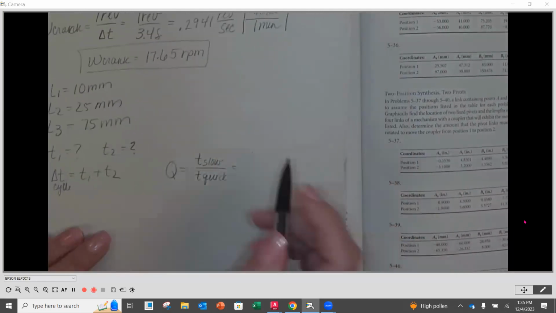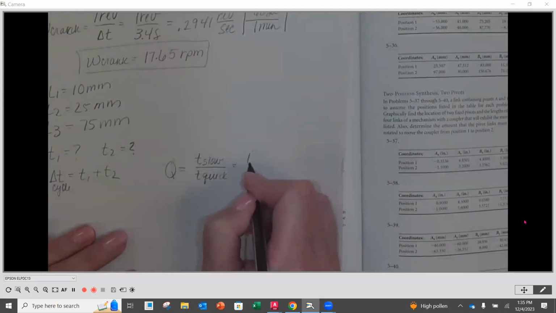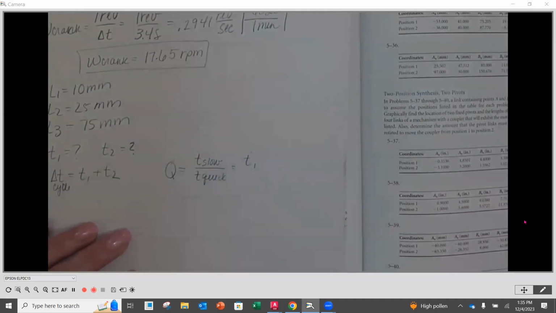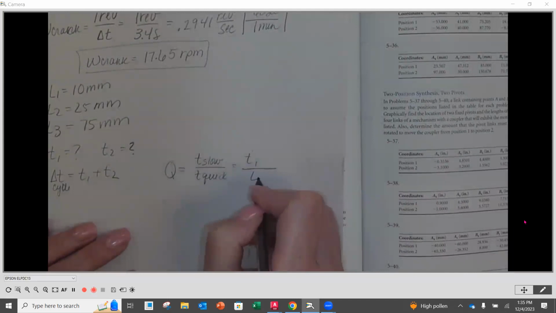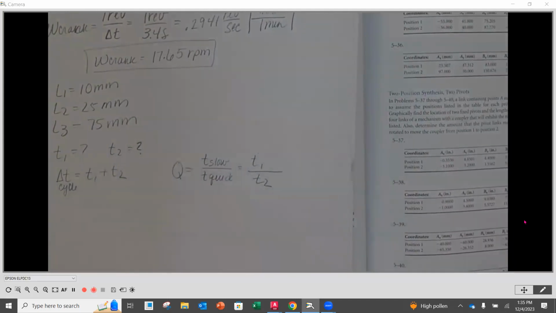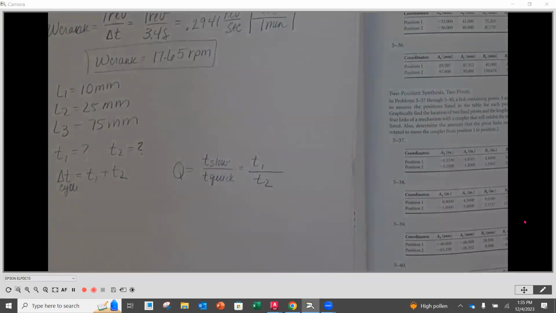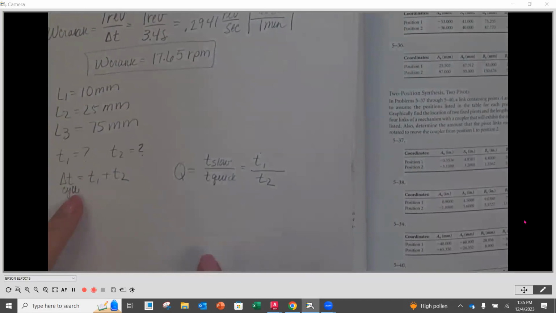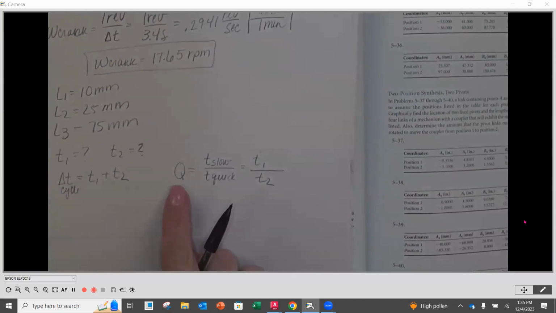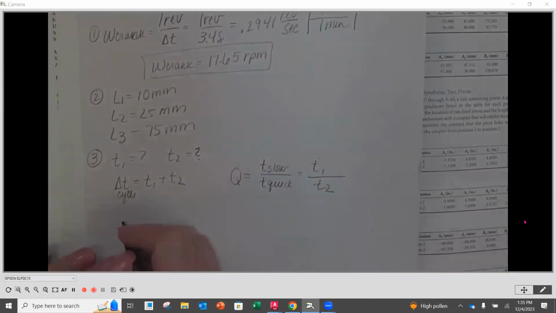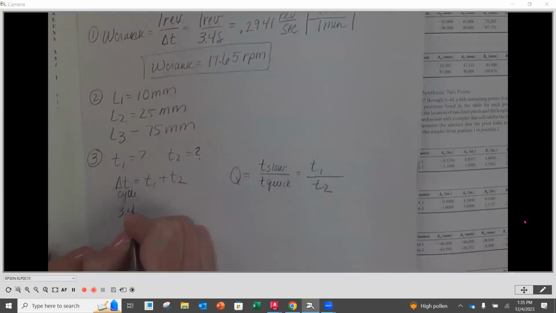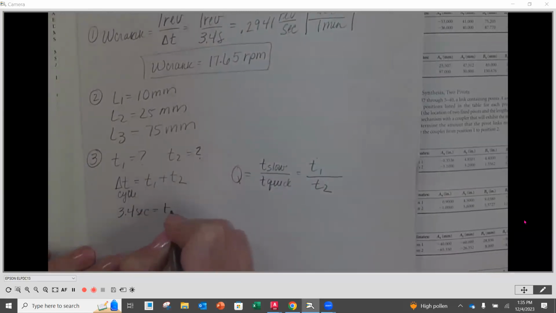So if that's the case, then our T1 is going to be the outbound stroke and our T2 is going to be the inbound stroke. Now, for each of these, we know what the value is for the cycle because that was given, and we know what the value for the Q is. So we could rewrite this equation down here to say 3.4 seconds is equal to T1 plus T2.